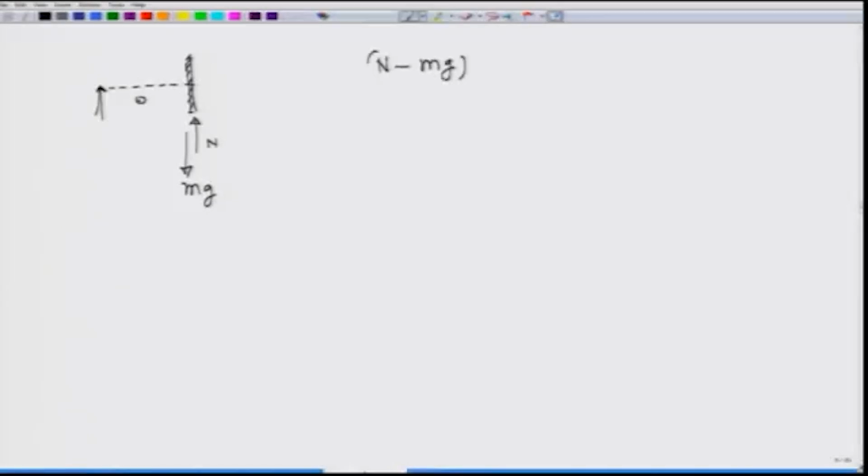N minus mg times L, if I take this torque about this point O, which is a stationary point, it should be equal to the delta LH by delta T, which is nothing but equal to m r v square over 2L.